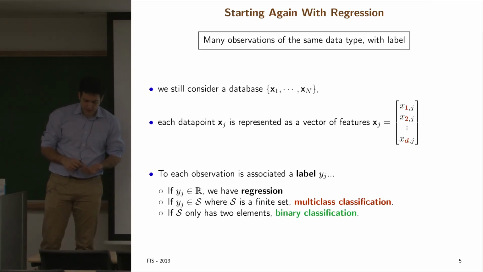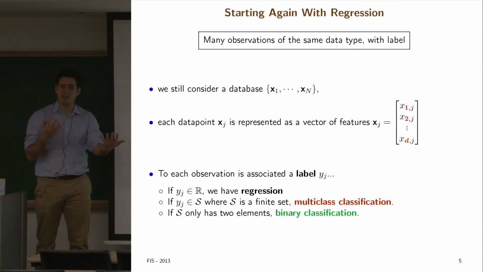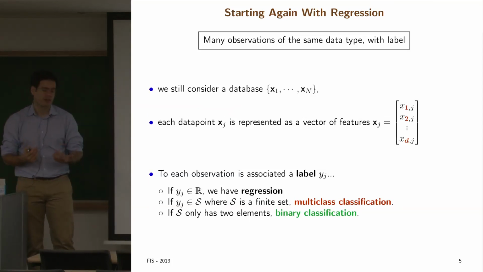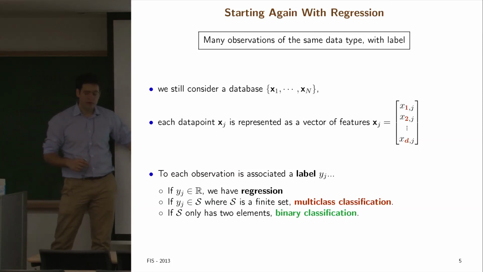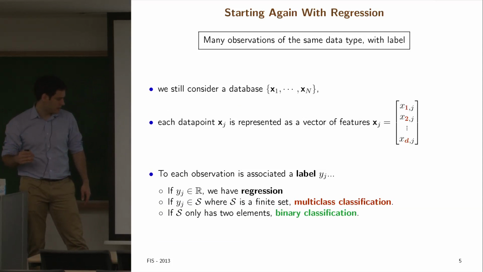You remember that when we started regression, we were saying that there were observations, and then there was a variable that was interesting, that was important, that was maybe hard or costly to measure, which we wanted to predict. In regression, that variable is a real number, or it might be a few real numbers.